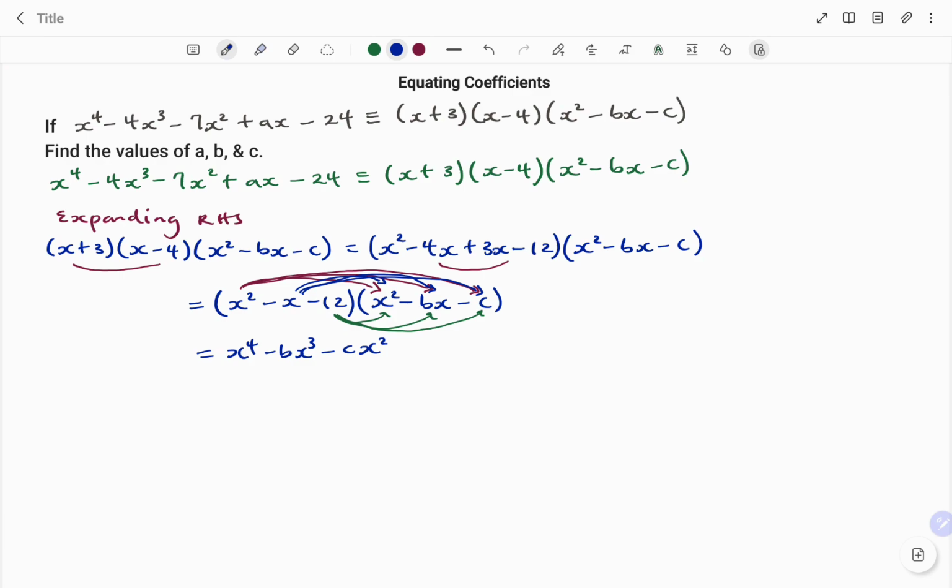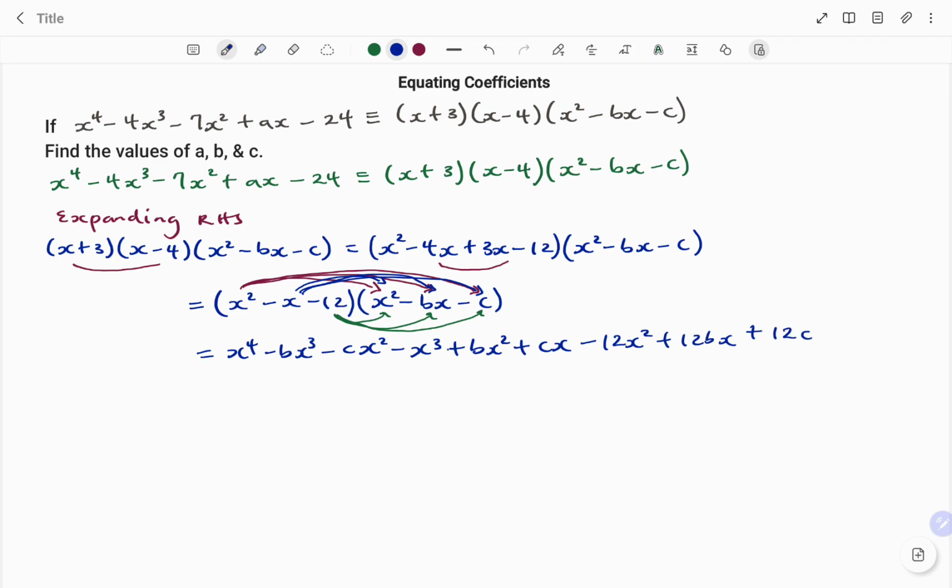I go to my second term, minus x times x², that's minus x³, minus x times minus bx, that's plus bx², minus x times minus c, I have plus cx. I go to my last term, minus 12 times x², minus 12x². Minus 12 times minus bx, plus 12bx. Minus 12 times minus c, that will give us plus 12c.